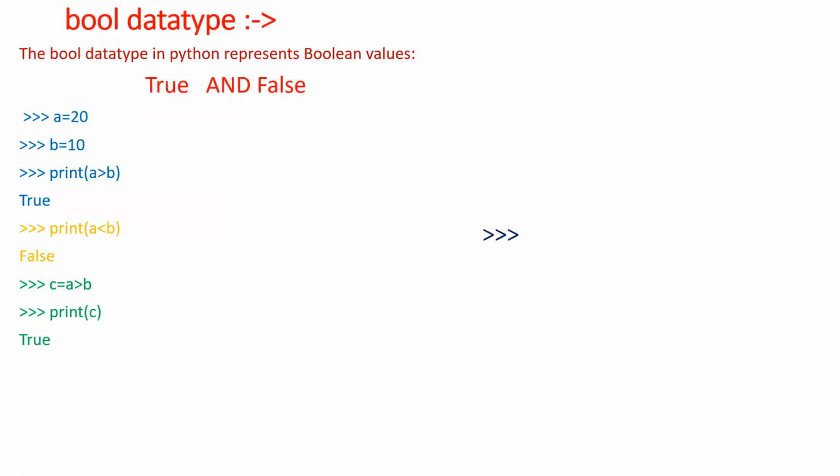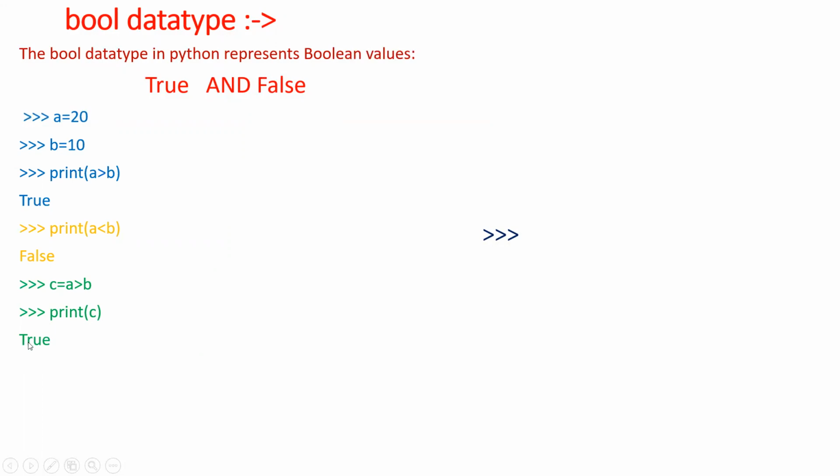So just wait. c equals a greater than b. I'm trying to store the value returned by this right-hand side expression, a greater than b, into the variable c. Now I want to print the contents of c. Again you will get the same information, True.